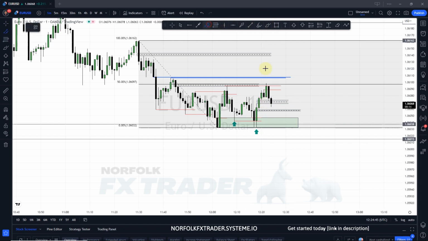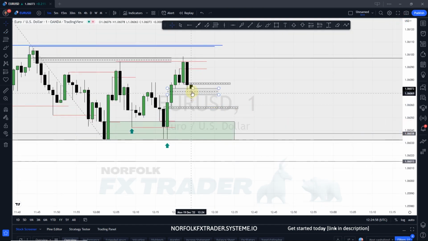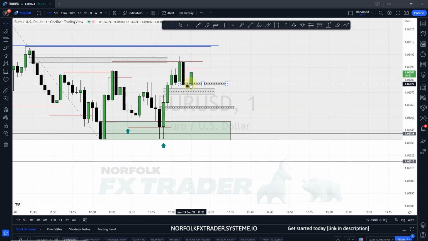And let me just show you quickly. We have a small, it's only a small area here of imbalance left over. And you can see the market here just pushed up and then pushed through this imbalance, closed up on this imbalance, and now we can see a continuation up.